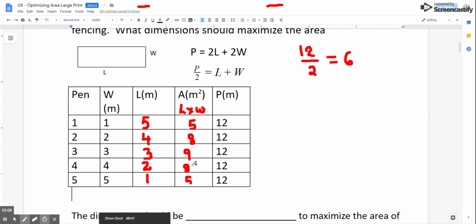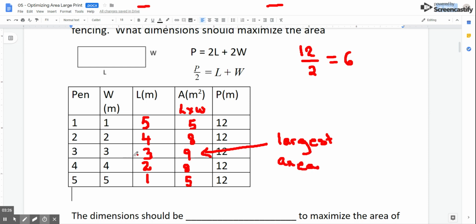So what I need to know is where's my largest area? My largest area is 9. And my length is 3 meters, my width is 3 meters, when I get 9.